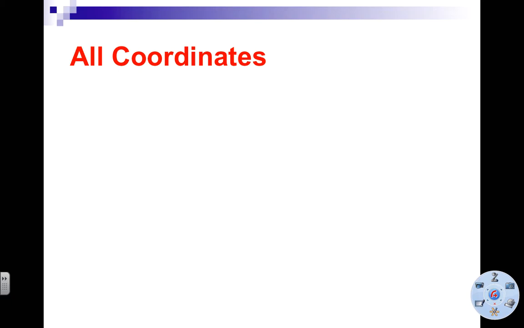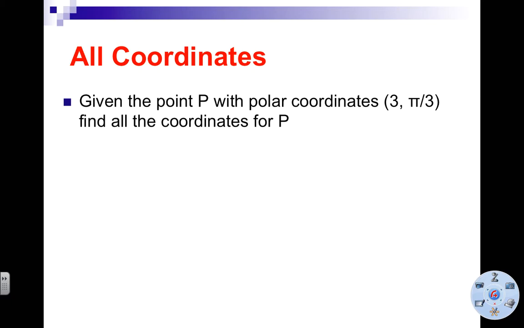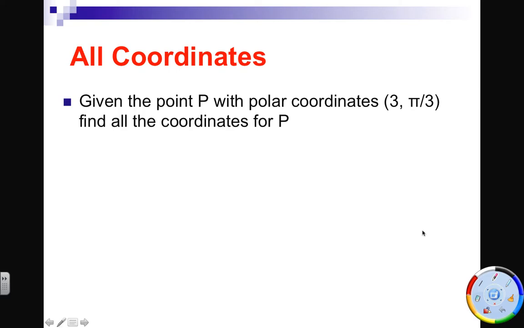Every once in a while, you're going to be asked to find all coordinates, and this has to do with coterminal angles. So you might remember that from trigonometry from last semester. If you were looking at a coterminal angle, let's think about pi thirds. Pi thirds is right here.